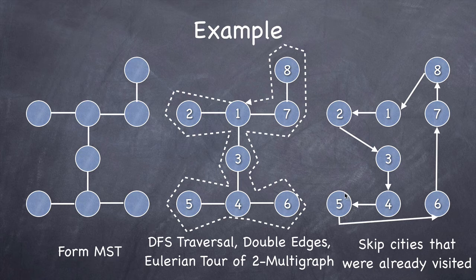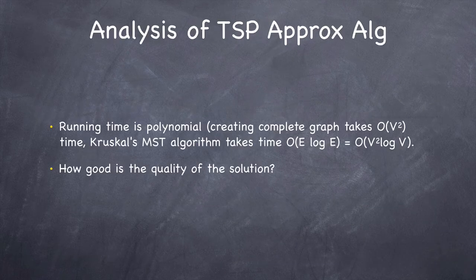We don't go back to 4, but we instead go directly to 6, then to 7, then to 8, and then return to 1. Now, because of the triangle inequality, when we skip some corner like this and go directly, the direct way is of course shorter than the two routes.